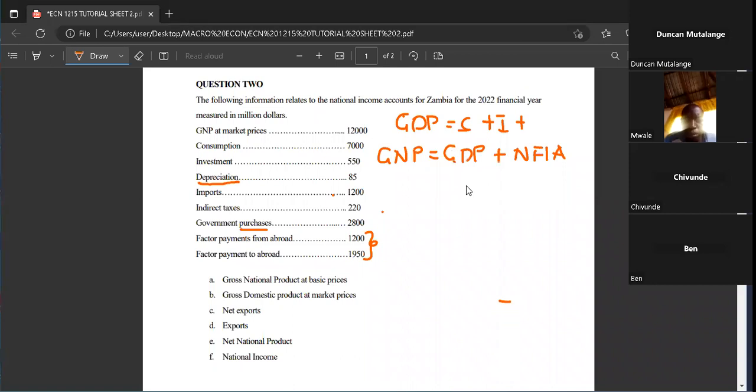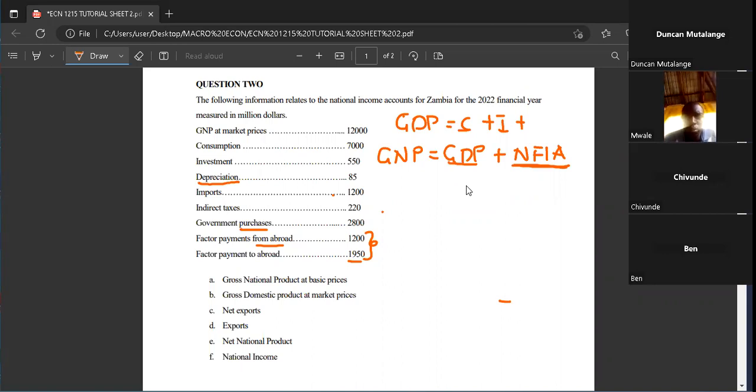This factor income from abroad minus the factor income to abroad makes up this component called the net factor income from abroad. And this is what gives us our GNP. To calculate this GNP, which you can see here is GNP at market price, equal to 1,200, they had to get the GDP at market price as well, and then they added the net factor income from abroad like this.